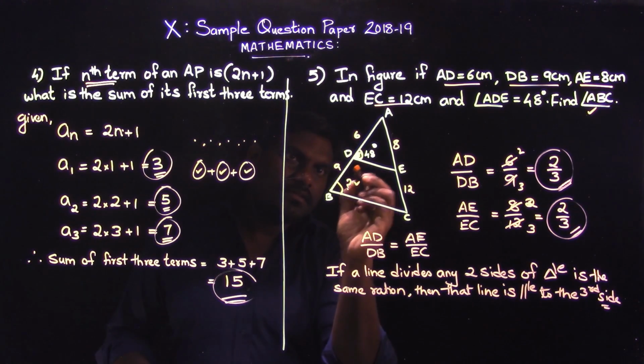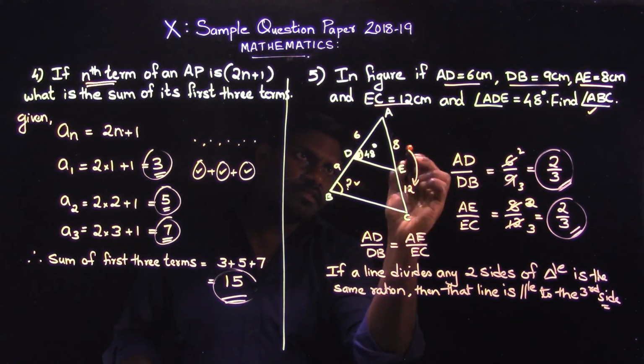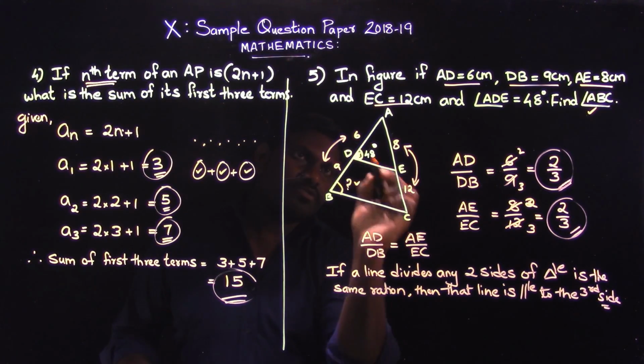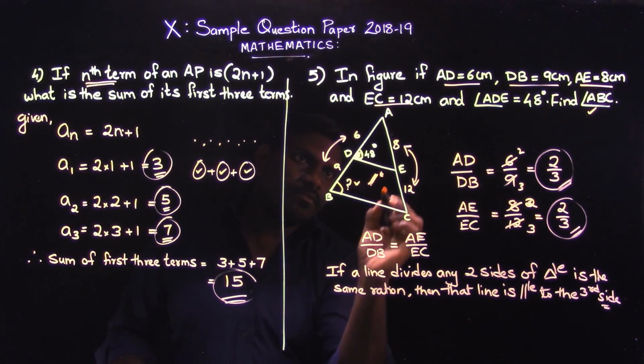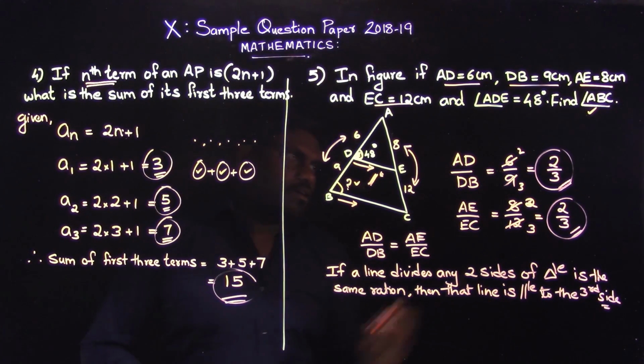That means when these two are dividing in the same ratio, the line passing through these two sides will be parallel to which side? This one. So this will be parallel to this.